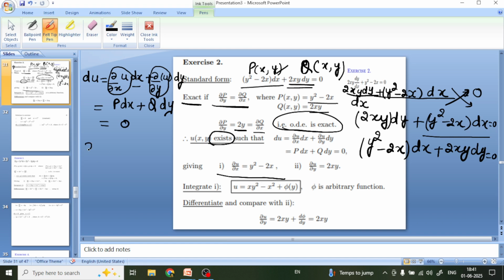Now take the first equation, that is, the partial derivative of u with respect to x equals y square minus 2x, and solve it.